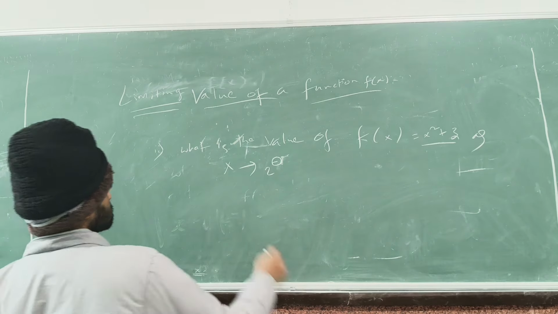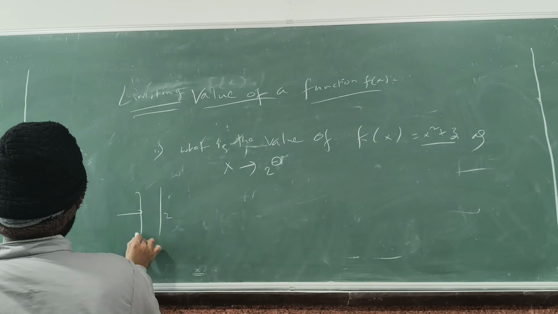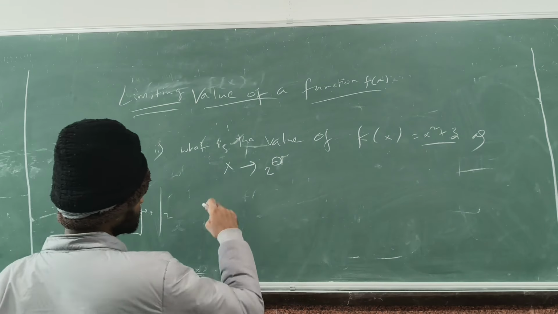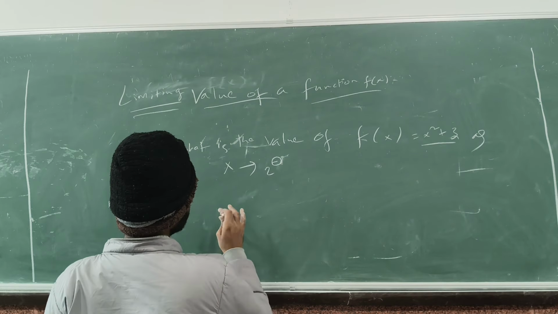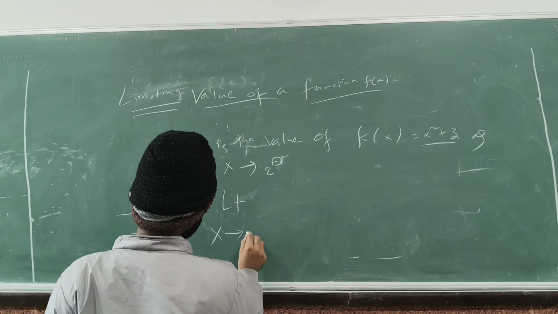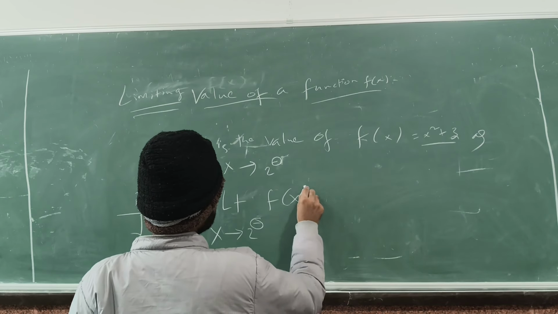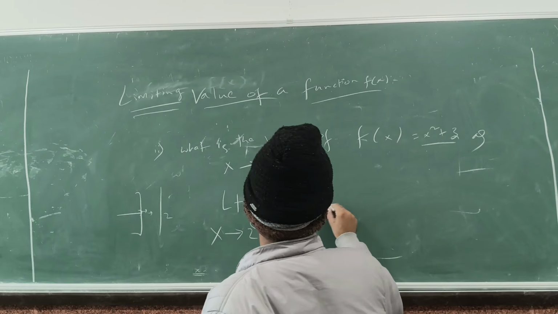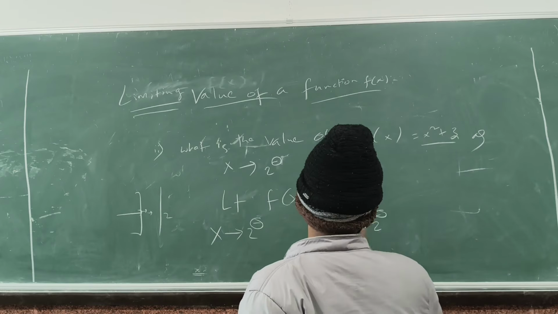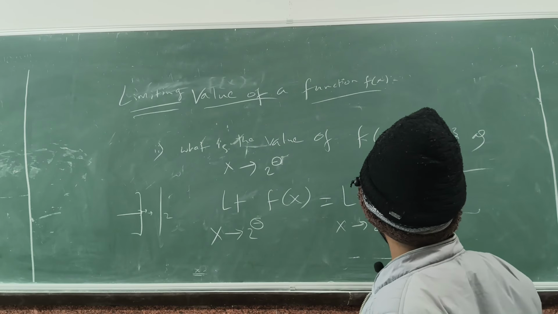Okay, this is 2 and x is approaching from this side towards 2 minus. So we can write this as limit x tending to 2 minus f of x equals limit x tending to 2 minus x square plus 3.